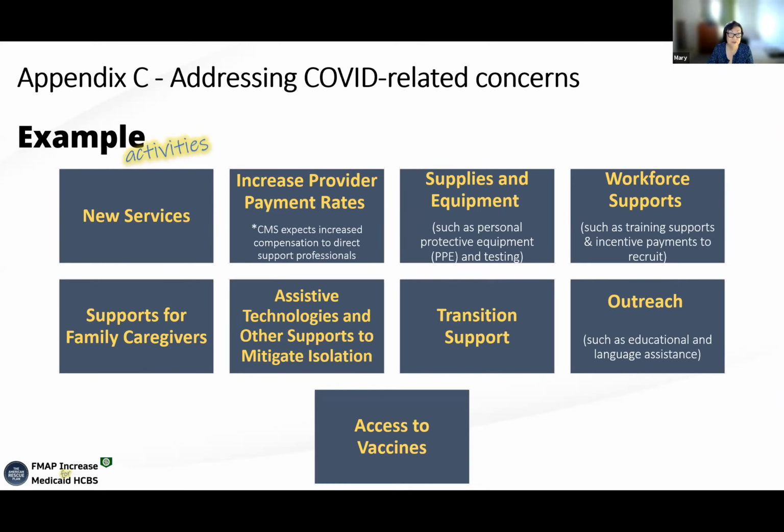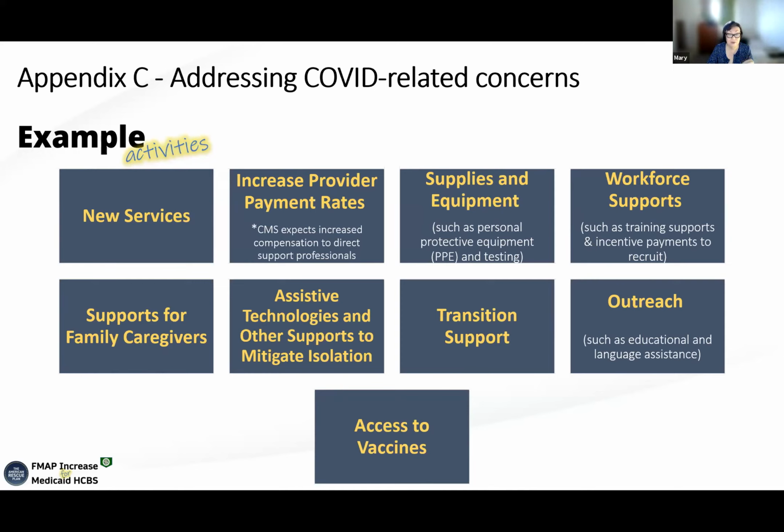The first appendix is Appendix C and applies to addressing COVID-related concerns. It provides examples which are not exhaustive. You can do other things if CMS approves, but these are the types of examples that they provided for states.